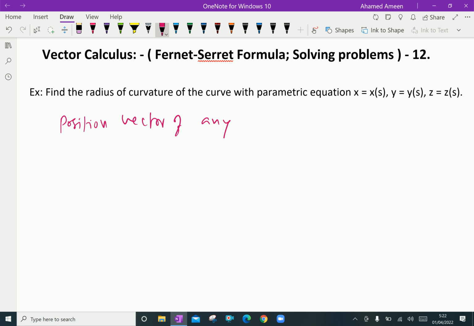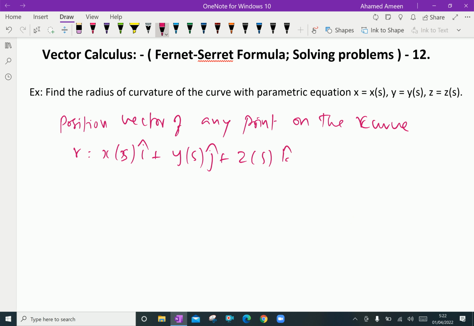Here the position vector of any point on the curve is given by r equal to x of s i plus y of s j plus z of s k.